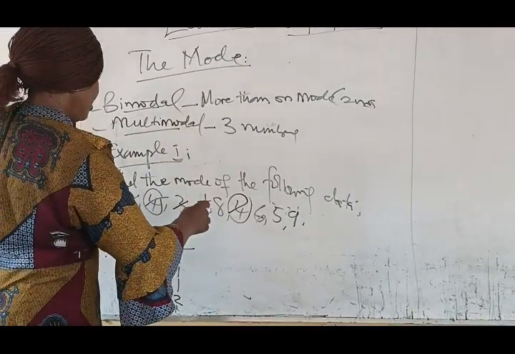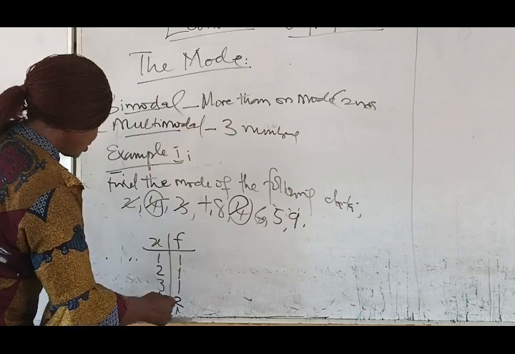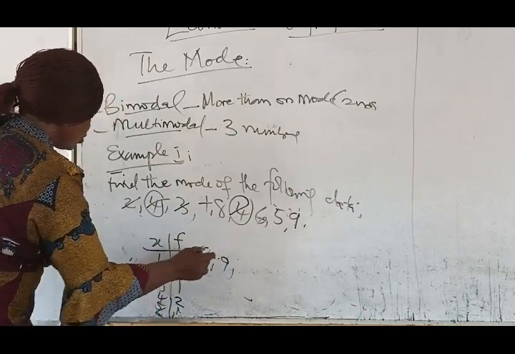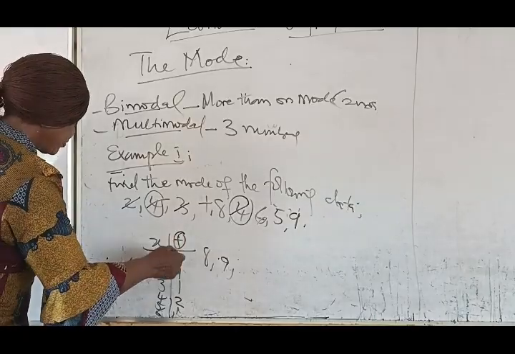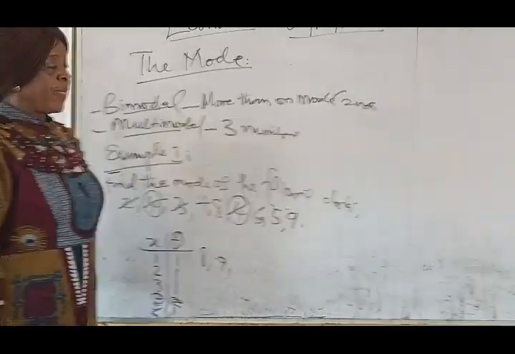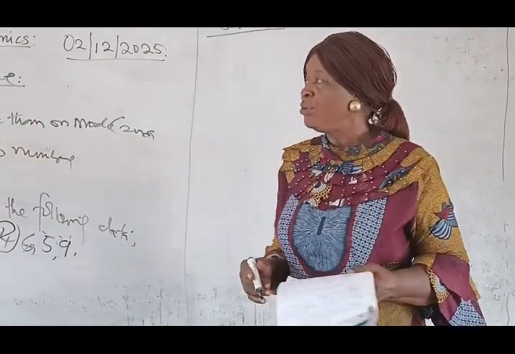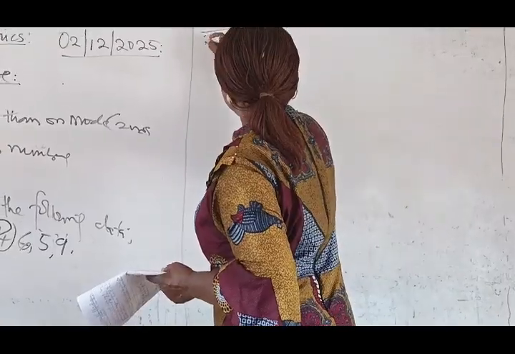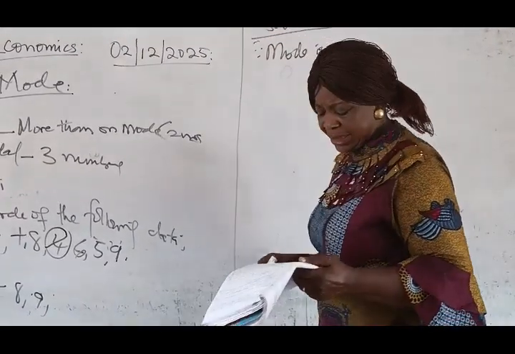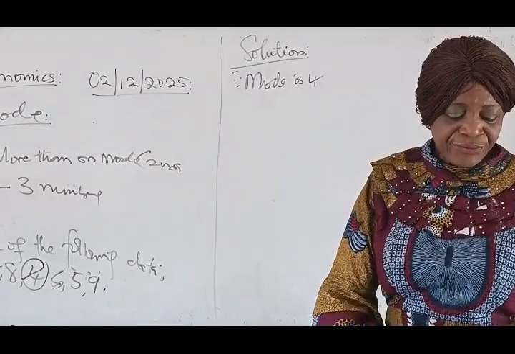We have 6, once. Then 8 and 9 also appear once. So you discover that the number with the highest frequency here is 4 because 4 appears 2 times. So our mode here is 4. Therefore, the mode is 4 as the answer.